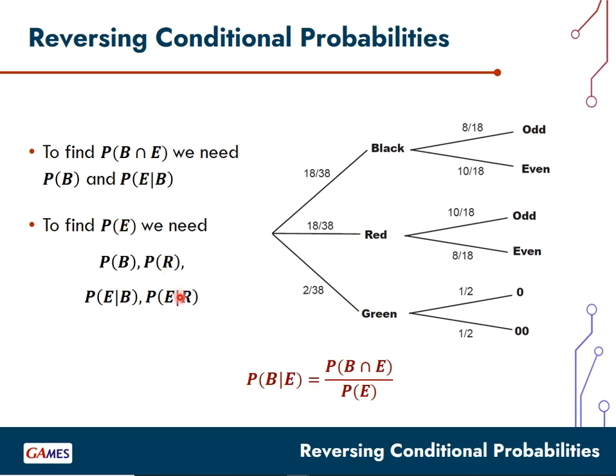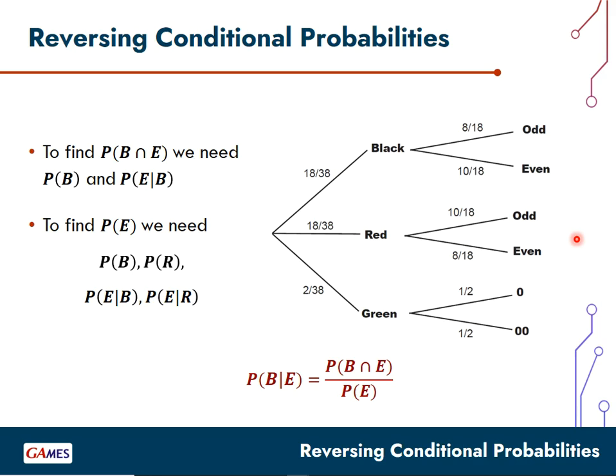The reason red is showing up here is because one of the places where even occurred is on the red branch. So you have red pockets that were also even. We're going to be looking at those pockets that were both black and even, or red and even.